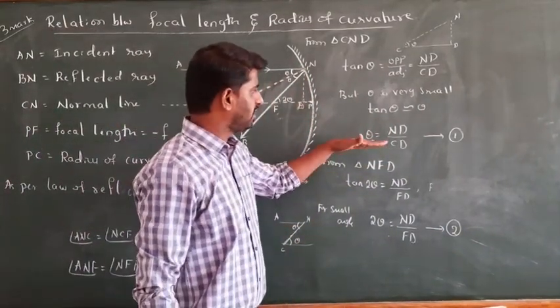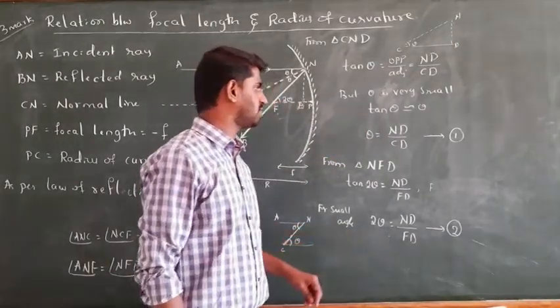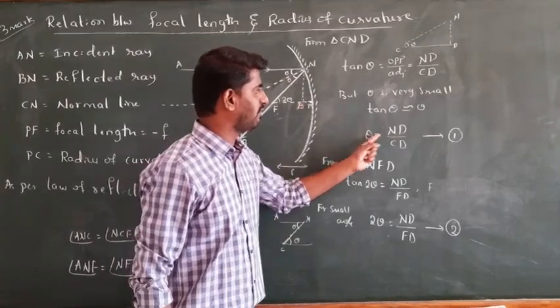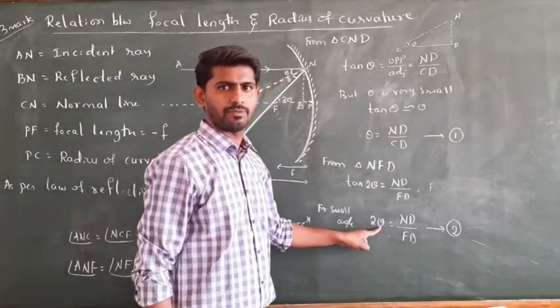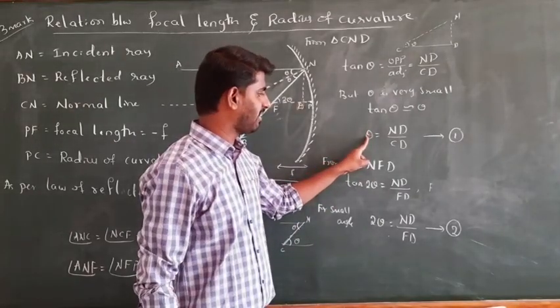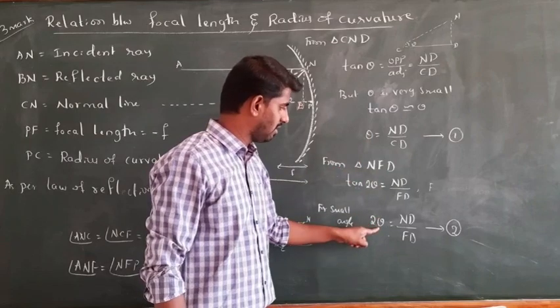Okay. Observe equation 1 and equation 2. So what was equation 1? In equation 1 you have the value of theta, and in equation 2 this is 2 theta. Now you can substitute the value of theta in equation 2.